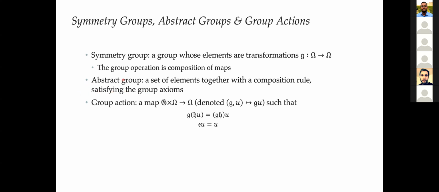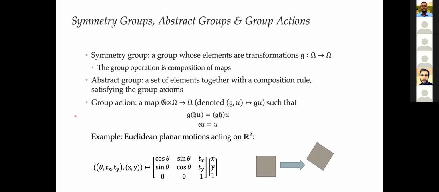And then finally, if you use that approach, you can define something called a group action, which is a function that takes a group element and an element of the domain omega and maps it to a new element of the domain omega, satisfying certain natural axioms. But regardless, we'll mostly be thinking about the concrete case of symmetry groups, where we think of our group elements as functions.